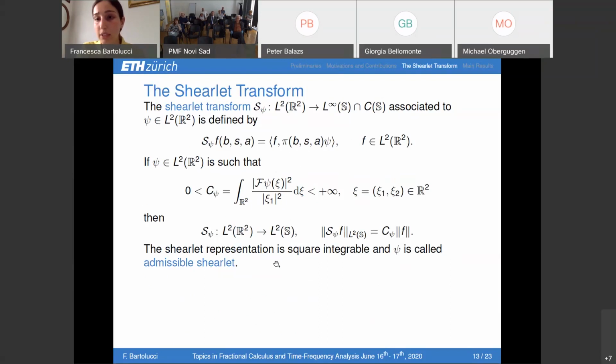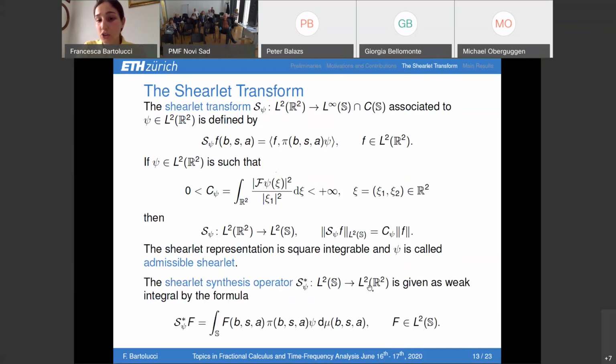So the Shearlet representation is square integrable, and in such a special case, the admissible functions are also called admissible Shearlets. Then we can consider its adjoint operator that we call Shearlet synthesis operator, which is given by the following weak integral.